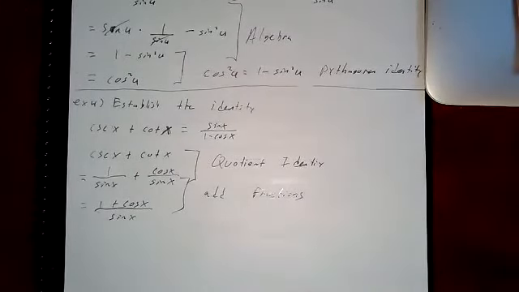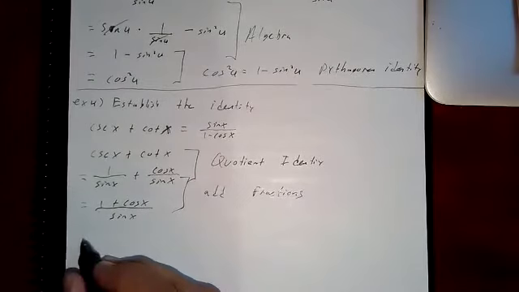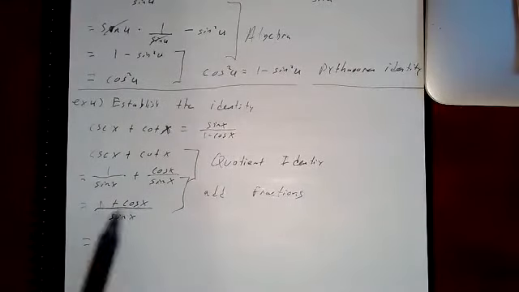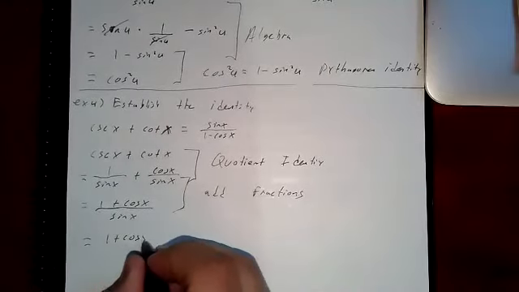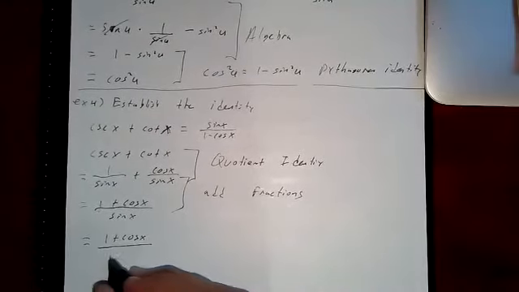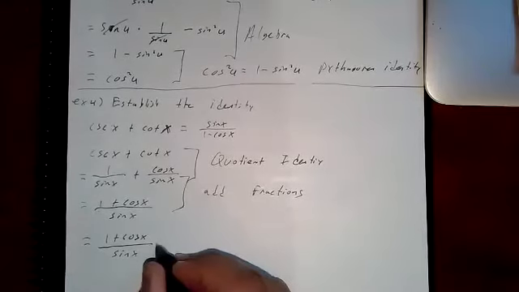Okay. So the next step is a technique you use when you're not quite sure, or you see a sum on a fraction. What you do is multiply the top and bottom by a conjugate.